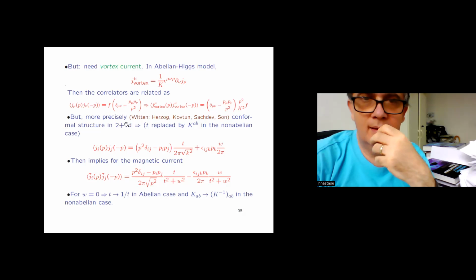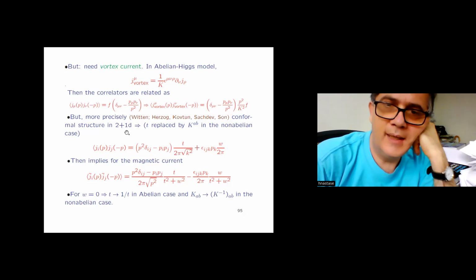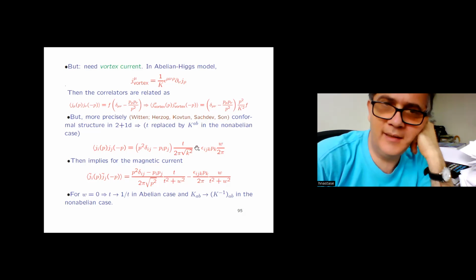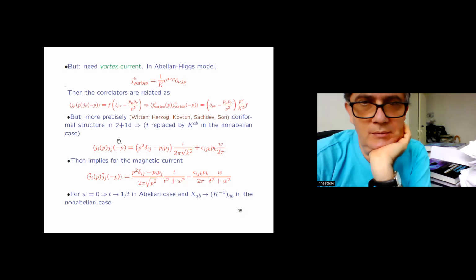But there's a precise relation that was calculated by Witten in the abelian case and Herzog, Kovtun, Sachdev, and so on in the non-abelian case. They said that if we have a conformal field theory, the two-point function goes over from the electric two-point function.